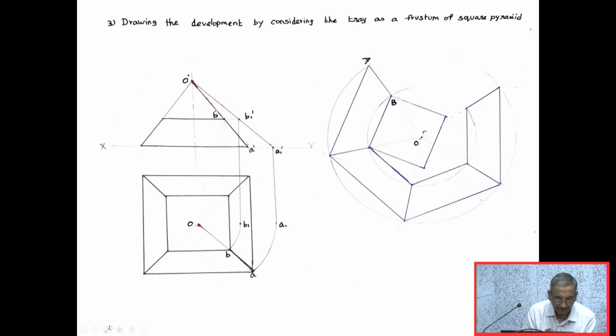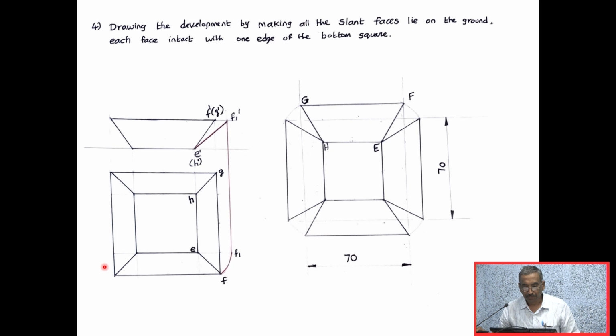So this is the third method. The last method of solving the development of tray is by making all the slant faces lie on the ground, each face intact with one edge of the bottom square. So what I mean is, I am having a tray.